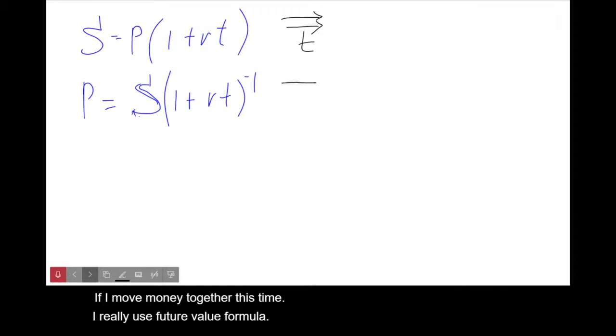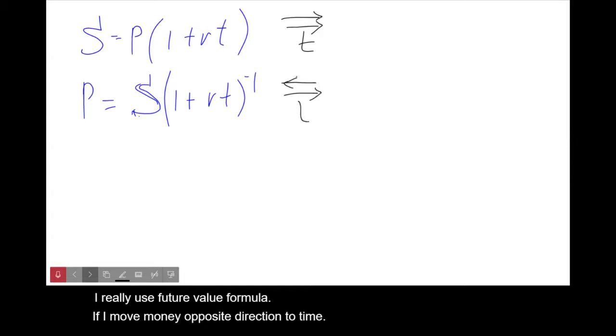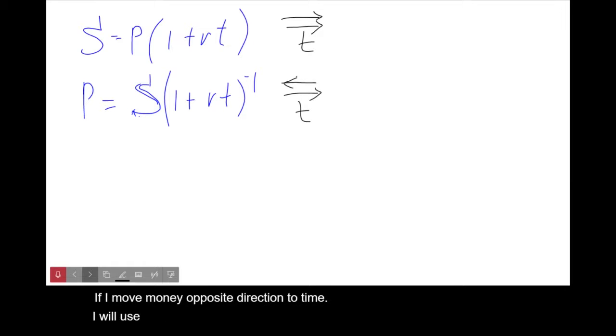If I move money in the opposite direction to time, I will use the present value formula. Does it make sense? Yes. Thank you.